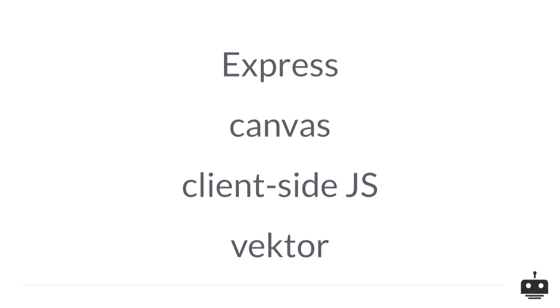I'm using some client-side JavaScript to handle events on the keyboard so that I can draw things around. And I have a module that I wrote called Vector, which is a robotics-focused linear algebra module that makes it nice and easy to manipulate Canvas, because I don't like Canvas's API at all. My goal with this is to make an application that allows you to draw on the canvas just using your keyboard keys.